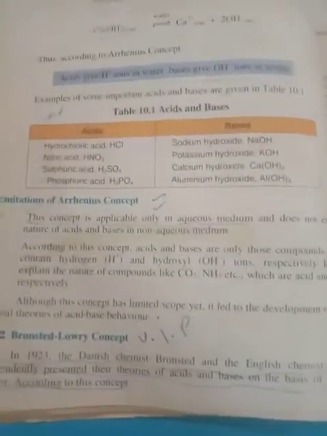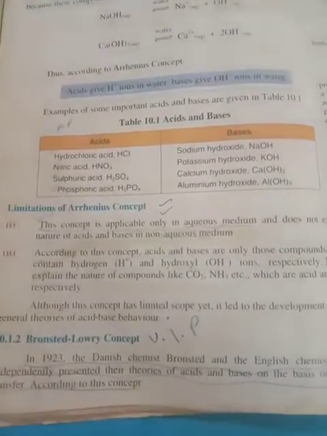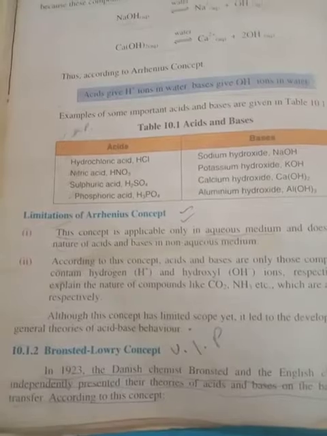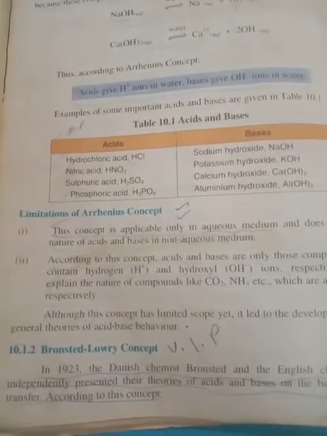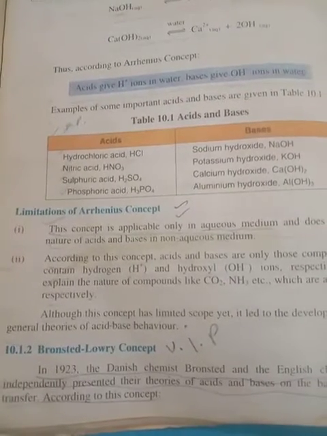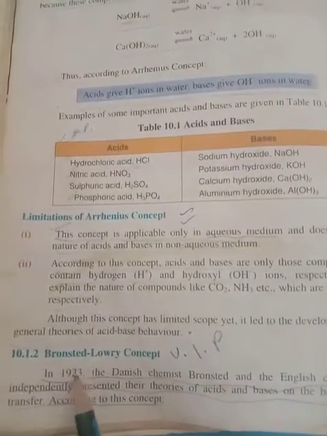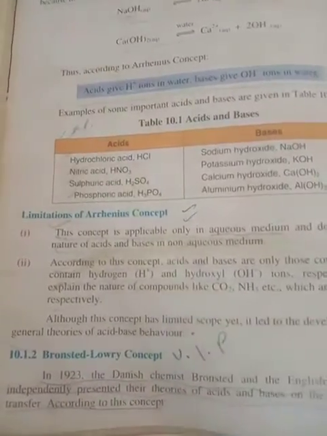When something is not fulfilled in its category, then there must be another person who can change it or mold it according to modern needs. Same was the case with Arrhenius. There was need of other theories and another concept to explain the behavior of acid and base in detail.